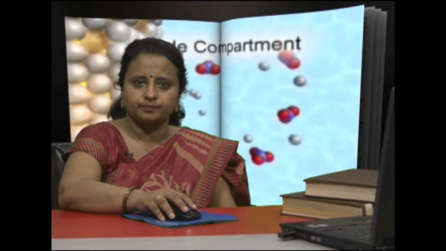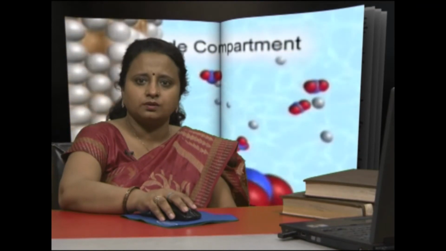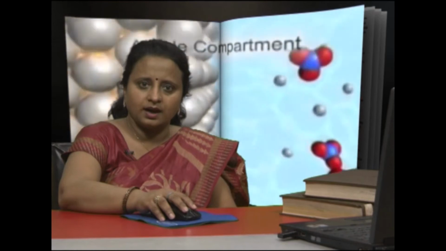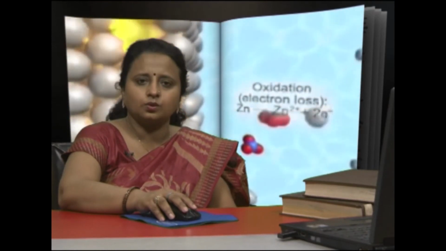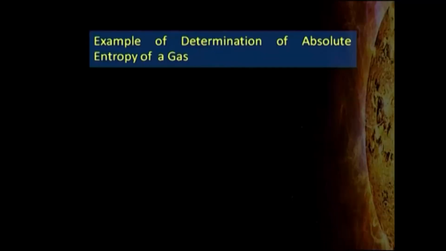This would be equal to the sum of the entropy changes involved in the different processes, each of which is brought about reversibly. It is assumed for general discussion that the substance in solid state exists in two allotropic forms, alpha and beta.